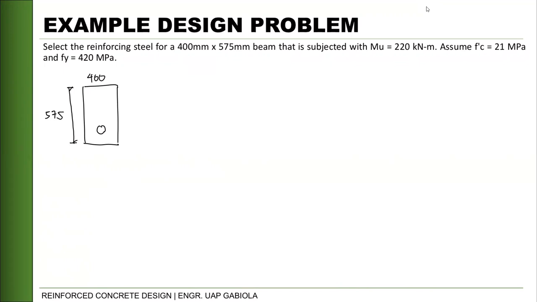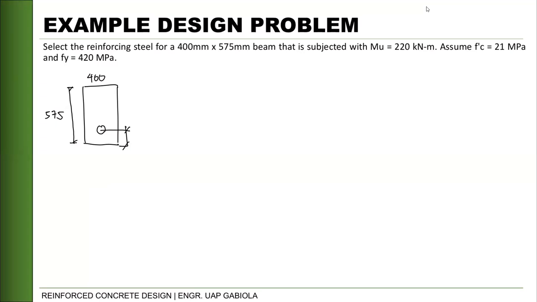We do not know how much our concrete cover is, but according to our previous lecture, the code specifies a minimum concrete cover for our beams depending on the condition. Let's say this is an internal beam, inside the building, so we can use 40 mm or 50 mm depending on our reinforcement. 40 mm is for diameter 16 mm or lesser, and 50 mm is for greater than 16 mm.